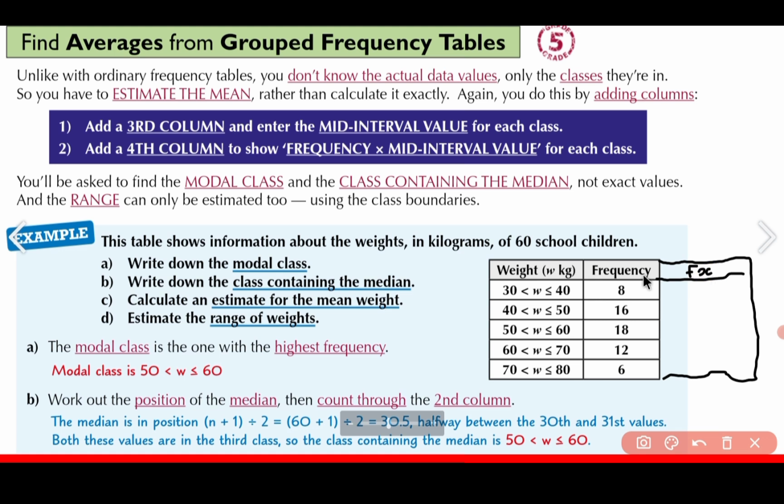What we do is multiply the value we get here with this, and that's how you get the values for the next column. Then at the end we need to find the totals, so we call this the sum of the frequency, and this the sum of the frequency times x. The first job is to get the value for x.